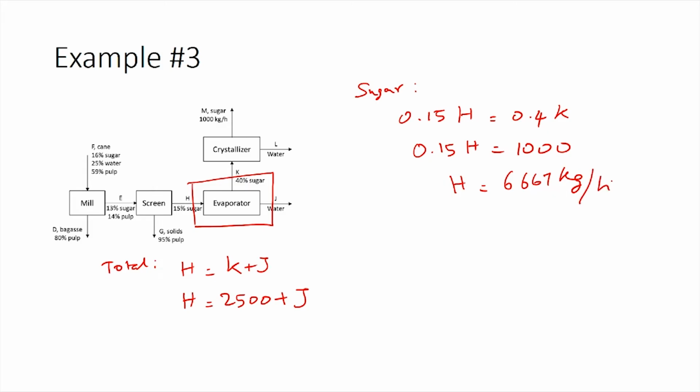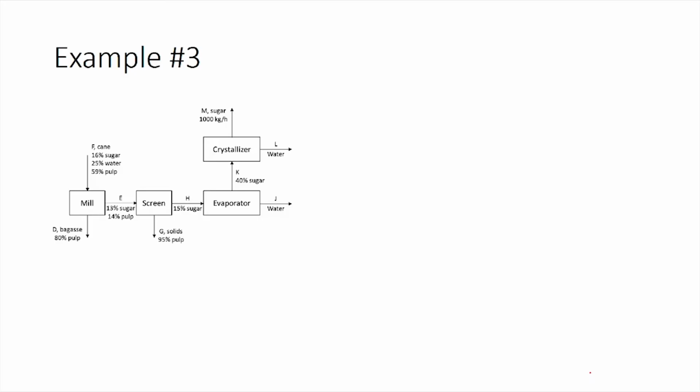So, substituting it back to the total balance equation, we can calculate J as 4167 kilograms per hour. Now that we have calculated the streams L, K, J and H, we can start with the system of screen to identify the mass flow rates of E and G.